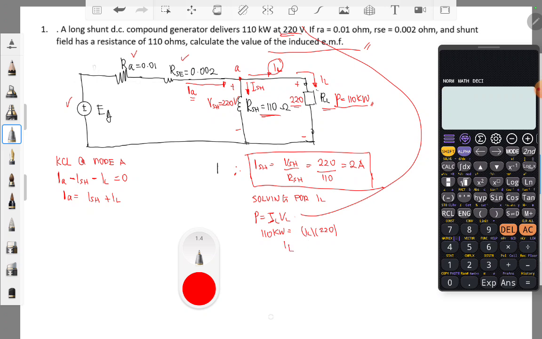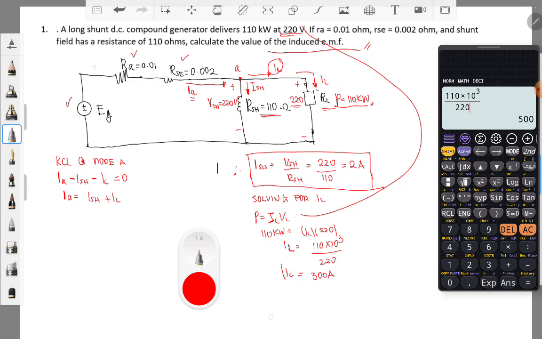So from here I will solve for my IL, which is equal to 110 times 10 raised to 3 divided by 220, which is equal to 500 ampere.